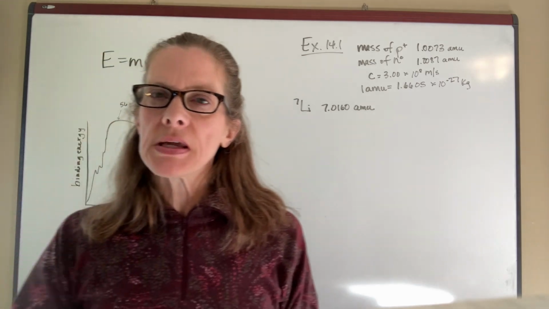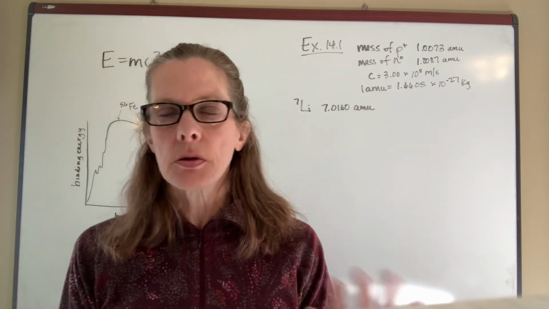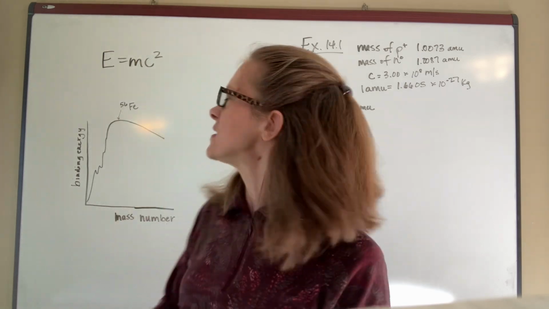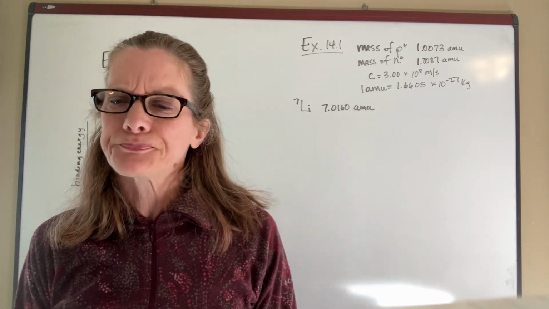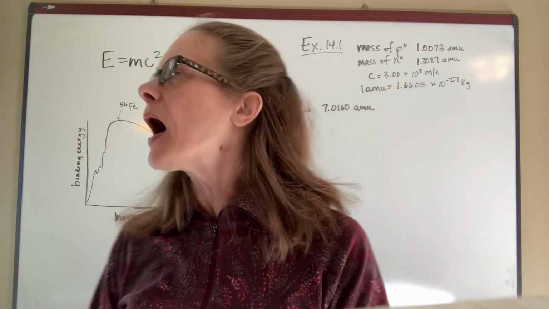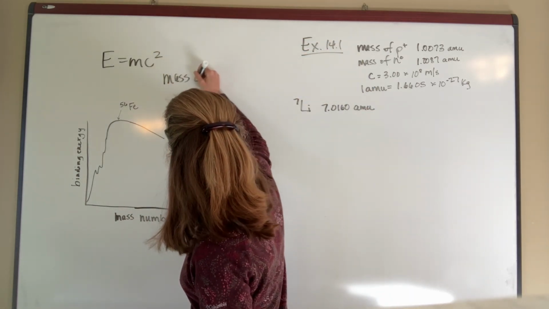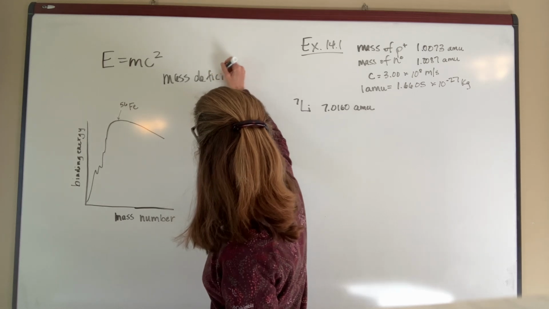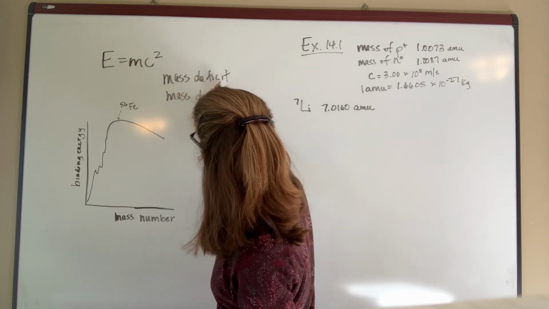We can actually calculate the amount of energy, including the pions, that is holding a nucleus together by using this. And the amount of energy that the nucleons give up is called either the mass deficit, or in some textbooks, you'll see it called the mass defect.